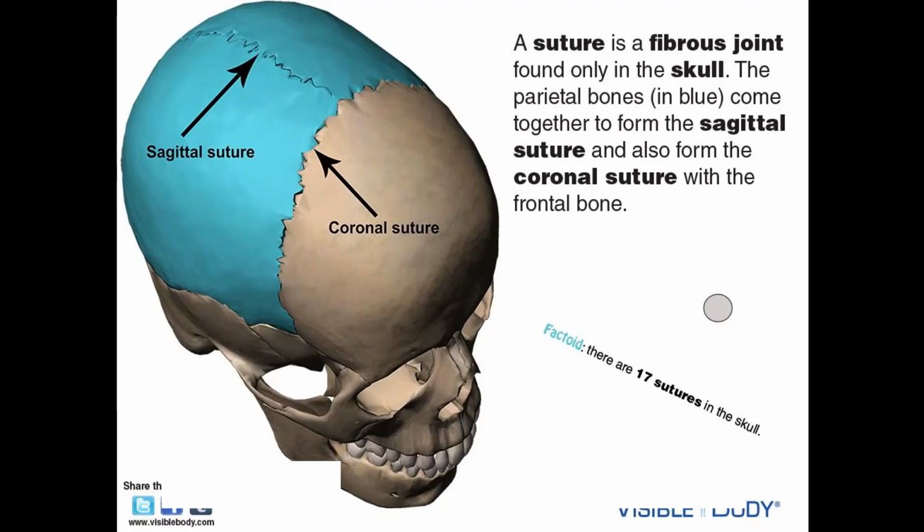And then the coronal suture separates the two parietals from the frontal bone. There is no frontal suture in the adult skull that extends through here. You will see it on the fetal skull, but it goes away as the membranes grow together.